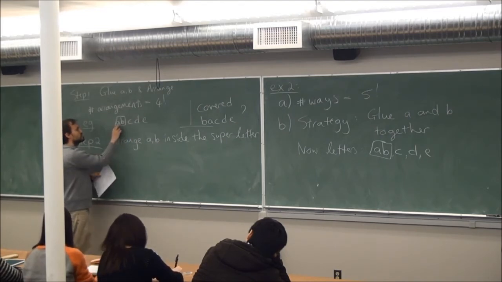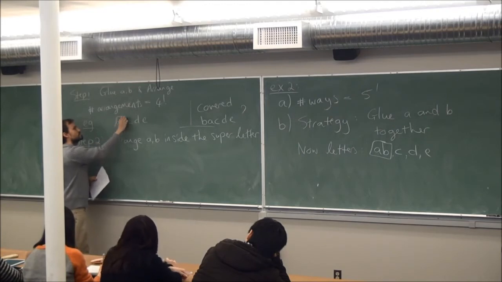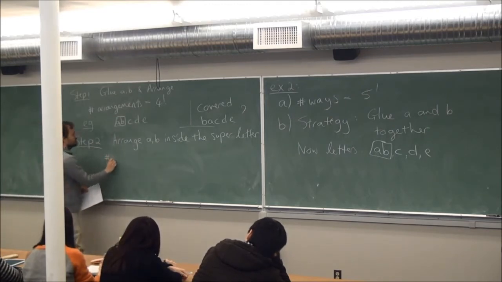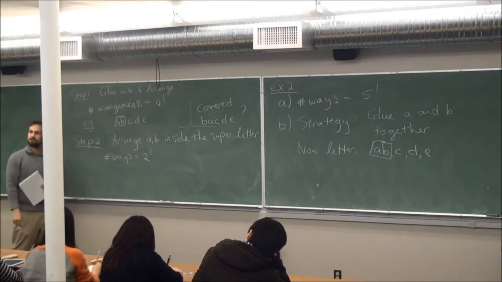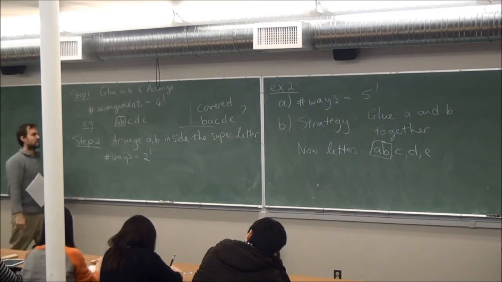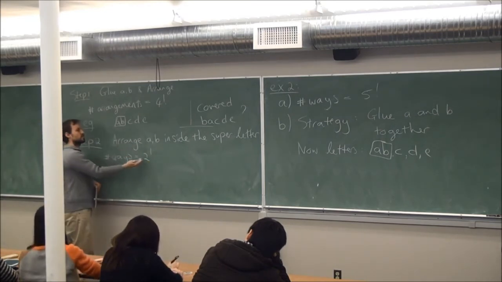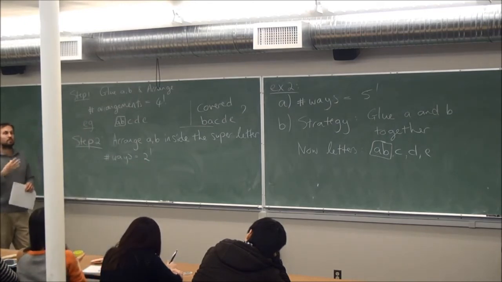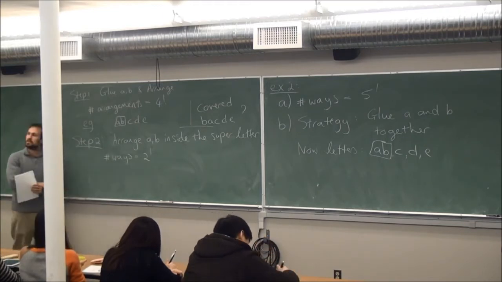So I can have A and then B, but I can also have B and then A. How many ways can I arrange them inside this little square? 2 ways? Technically 2 factorial. That is equal to 2. This is equal to 2 times 1, which is equal to 2. But essentially I am arranging 2 things. And the factorial counts how many ways there are to do that. Everyone happy why I needed this step 2?